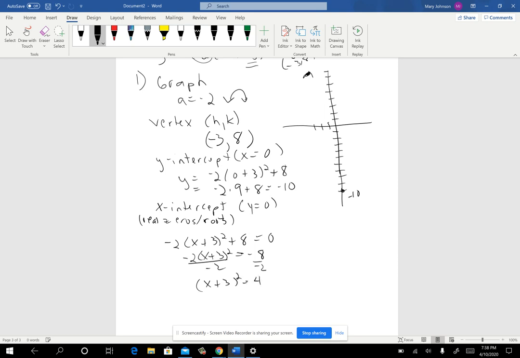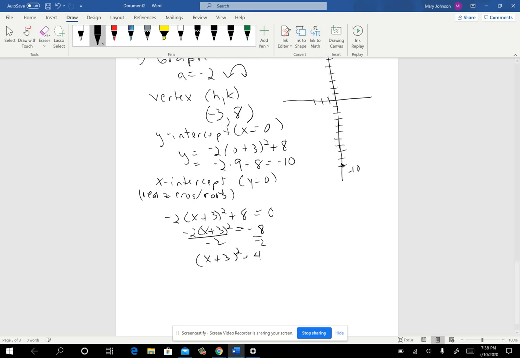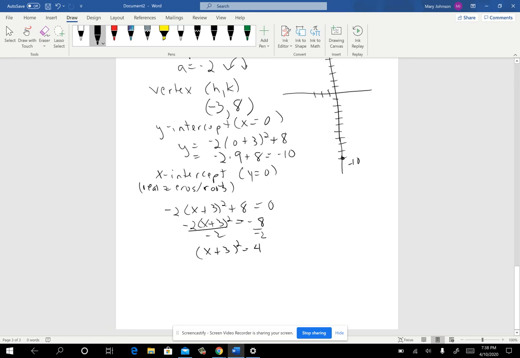Okay. So I'm at the point where I know that (x + 3)² should equal 4. Then I take the square root of both sides. When I do, I do plus or minus on the right-hand side. So I wind up with x + 3 equaling ±2. At that point I like to separate it: x + 3 equals 2, or x + 3 equals -2.